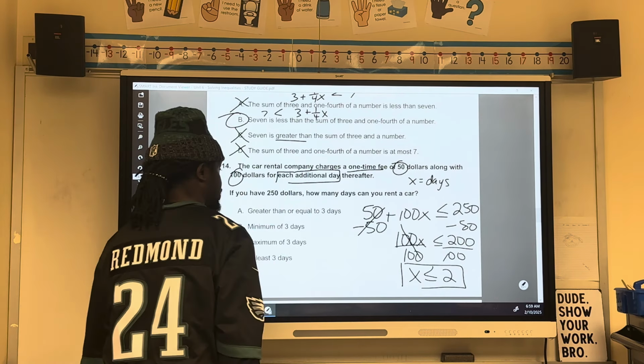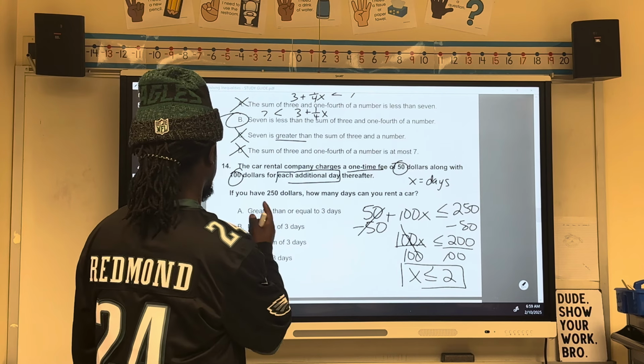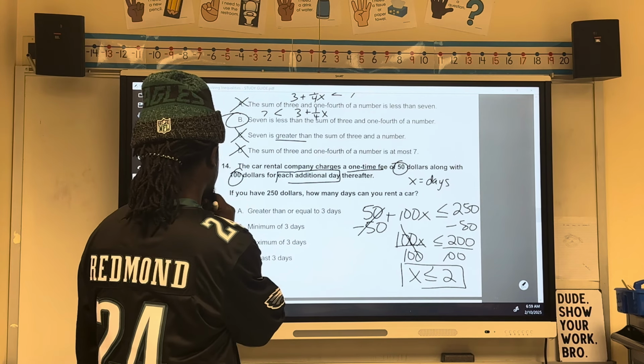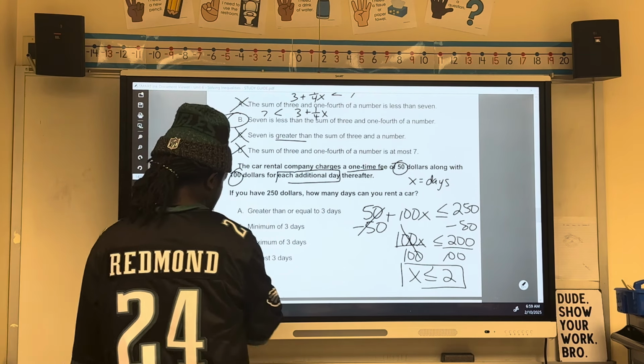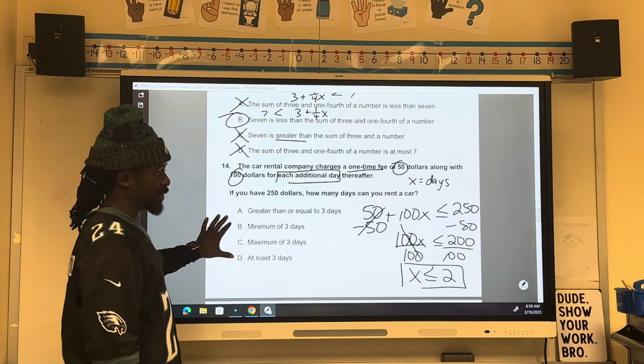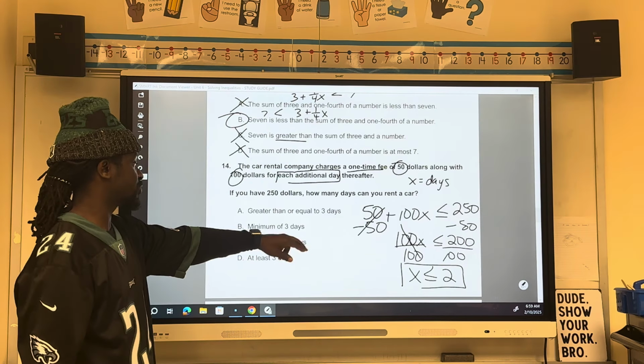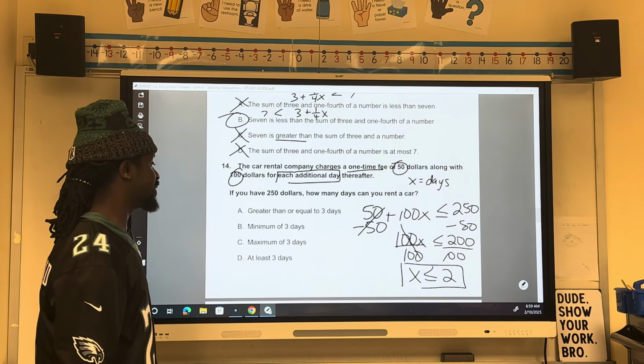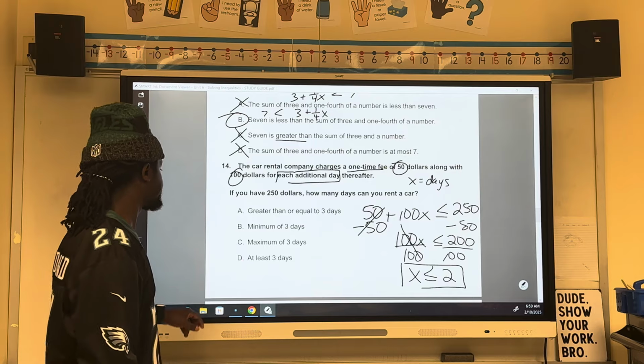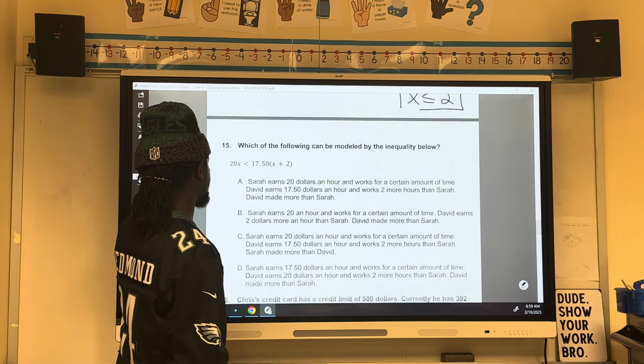It says a maximum of 3 days, but that does not work. That's what the answer key says. So there's apparently an error in this one that I did not catch, but it is all good. The answer that you're looking for is a maximum of 2 days, no more than 2 days.